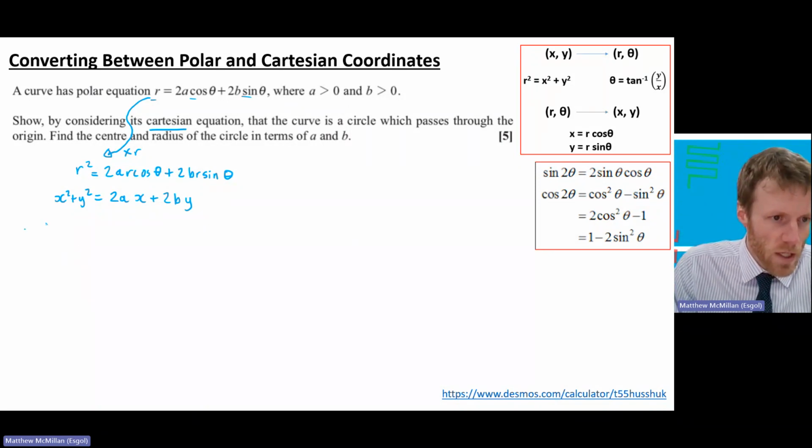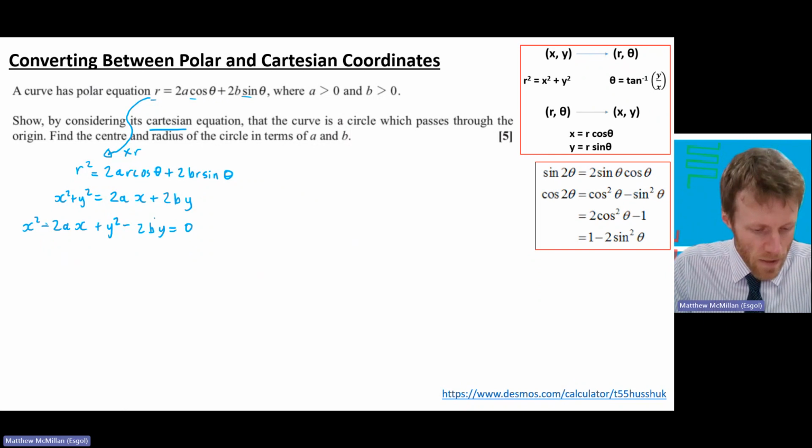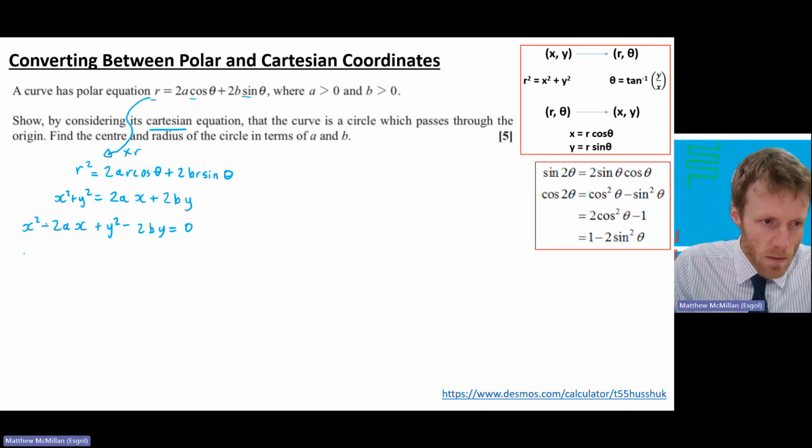Maybe I'll just rearrange this. So I'll bring the 2ax to the left, and we'll bring the 2by to the left. And then let's complete the square on these bits. So we get x minus a all squared minus a squared.